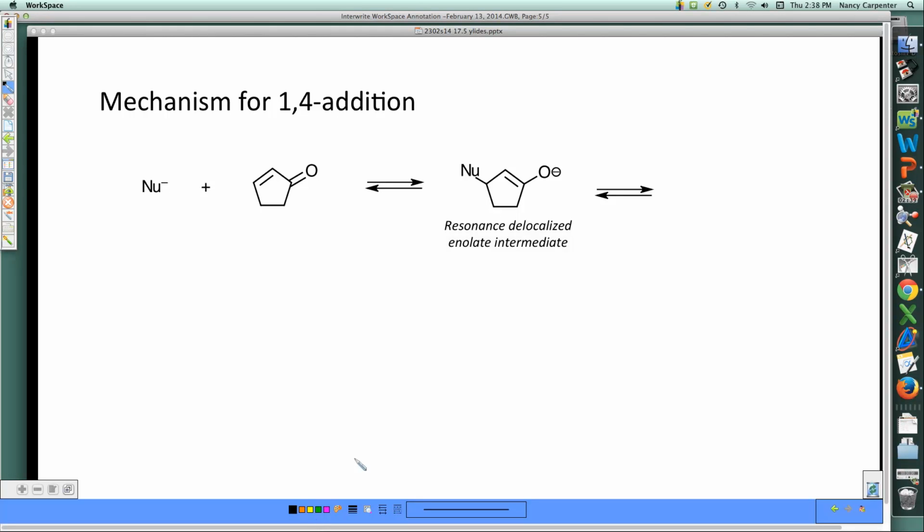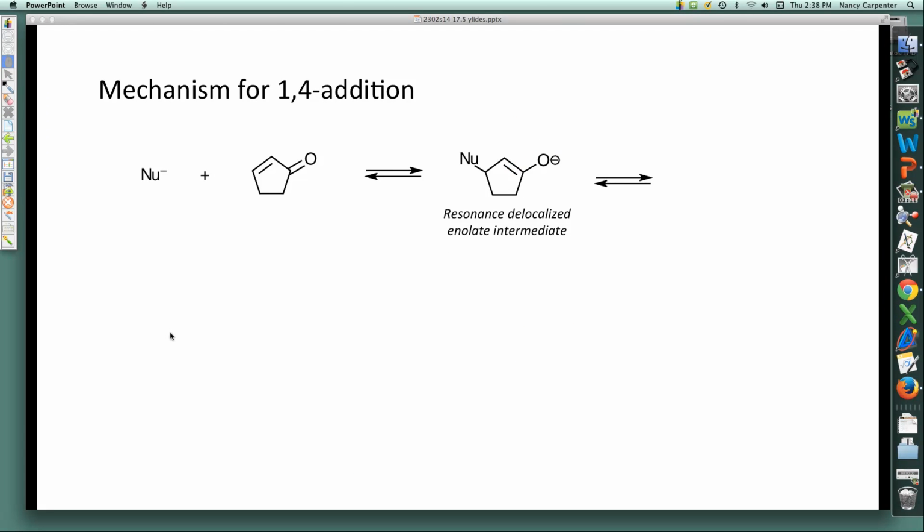So how do we get from this guy to our product? Well, we've already seen some enolate chemistry. Recall that this can just push those pi electrons back in, and if you have a protic workup, as in H3O+, for example, all we have to do is protonate at the alpha carbon to get our 1,4 product.